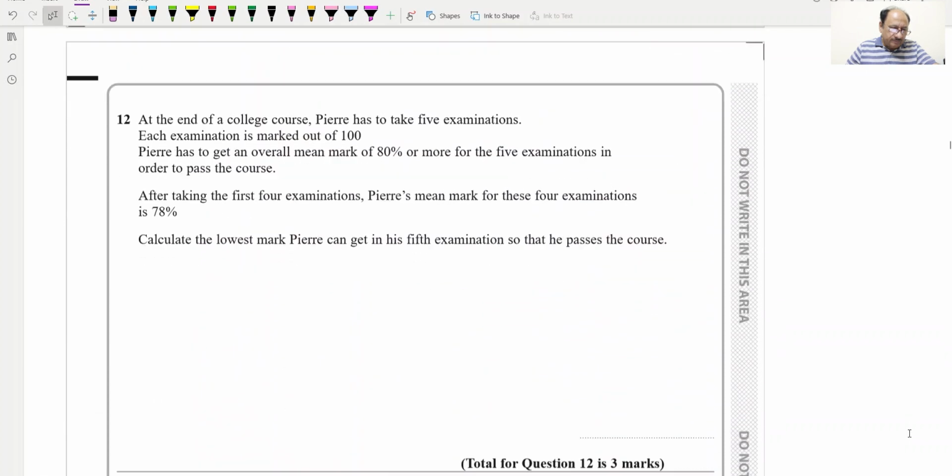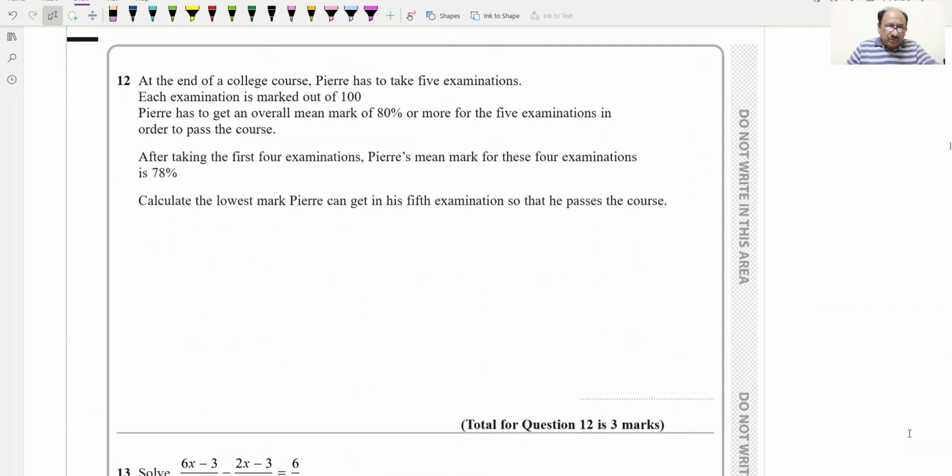Hopefully you understood this. Now this is question number 12, and question 12 says at the end of the college course, Pyre has to take 5 examinations. Each examination is marked out of 100 and he has to get an overall mean mark of 80% or more for the 5 exams.